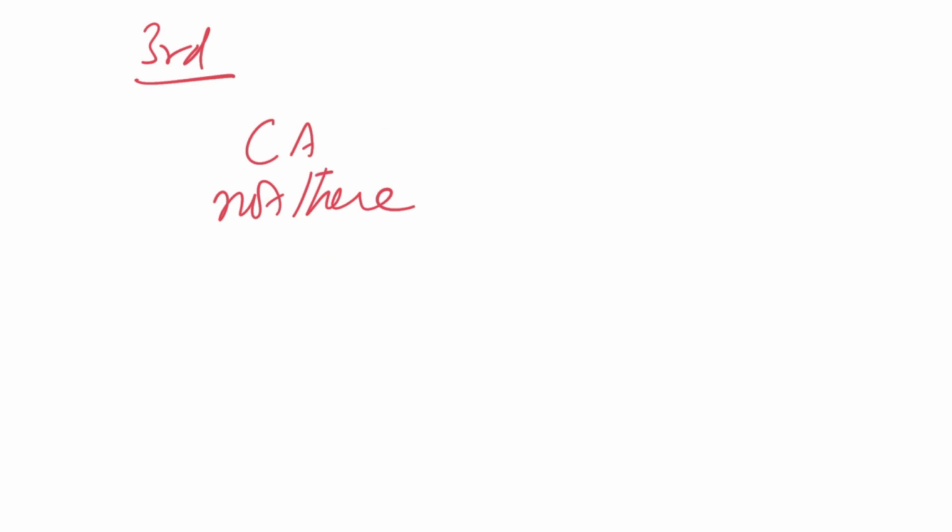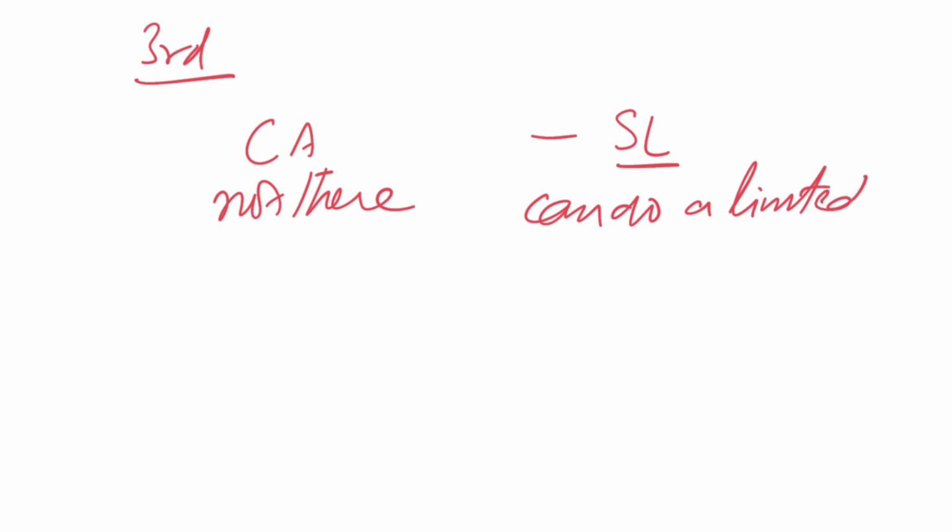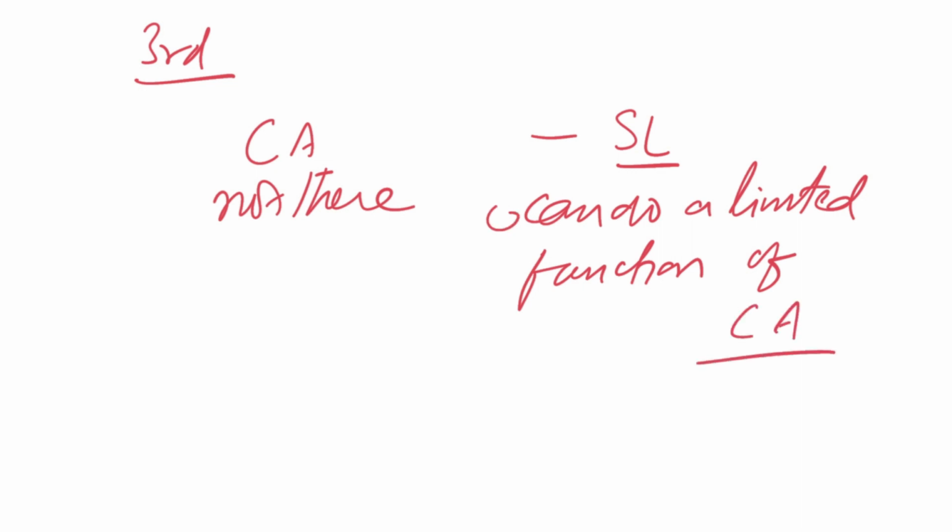And third is, so this is an important thing. When the Constituent Assembly is not there, the state legislature can do a limited function of the Constituent Assembly. What does it mean?